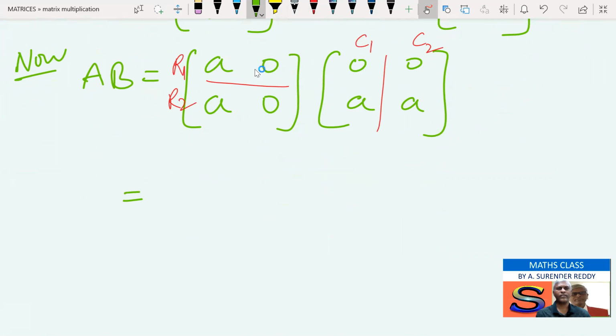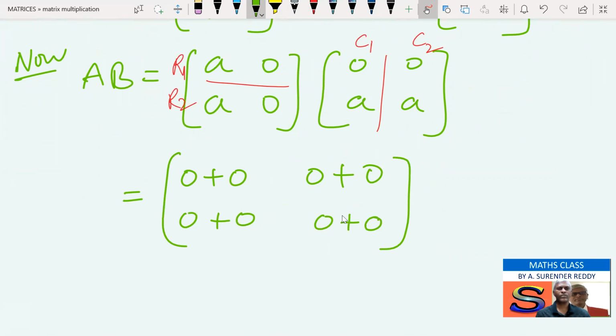A into 0, 0 into A, A into 0, 0 into A. Second row R2, A into 0, 0 into A, A into 0, 0 into A. So this is 0, 0, 0, 0.